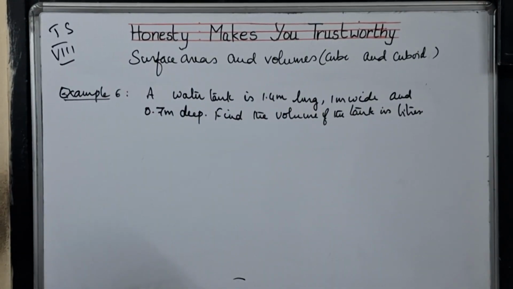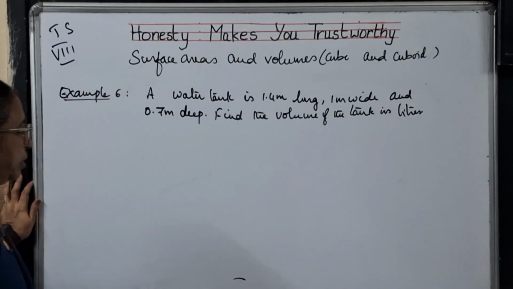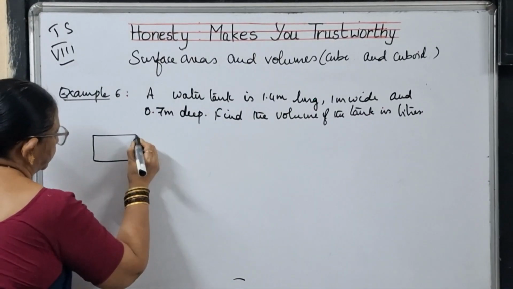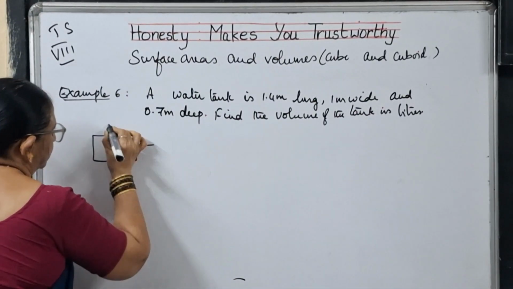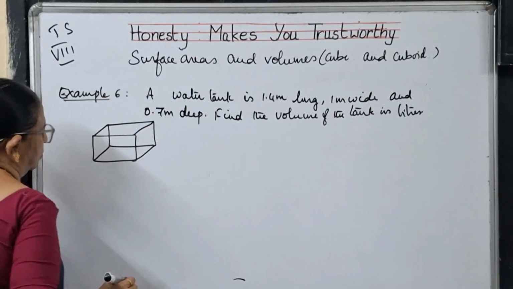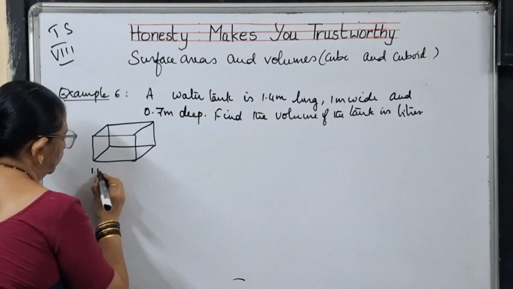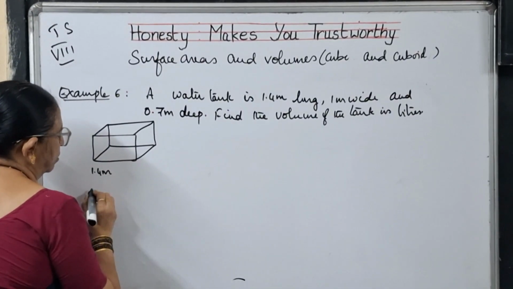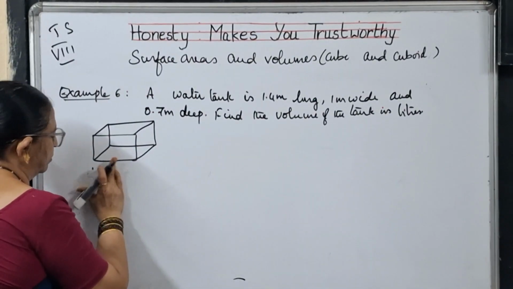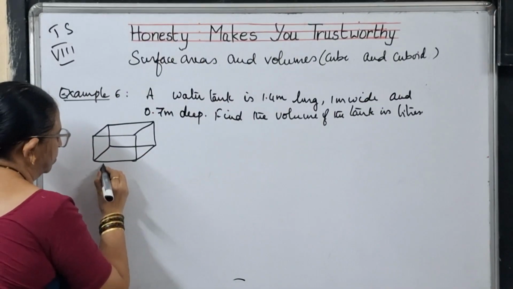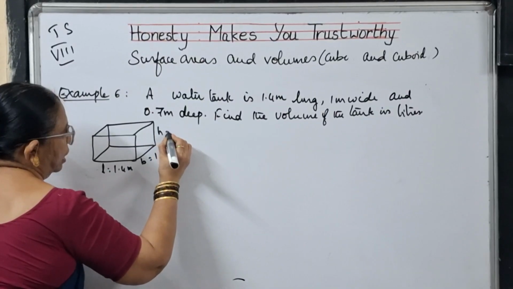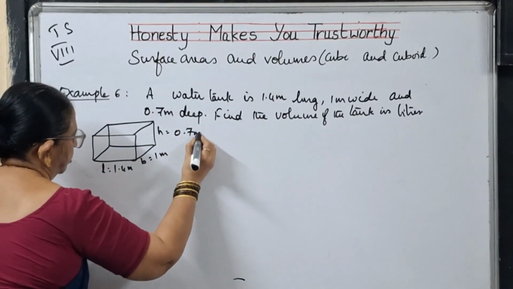Now example 6. A water tank is 1.4 meters long, 1 meter wide and 0.7 meters deep. When you draw the tank, this will be a water tank, with length L equal to 1.4 meters, breadth equal to 1 meter, and height (depth means height only) 0.7 meters.